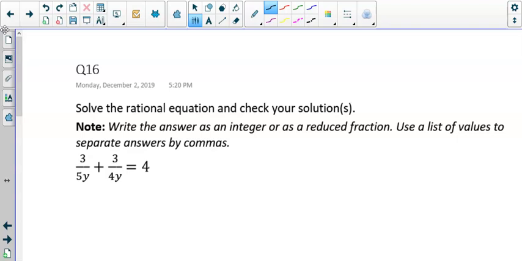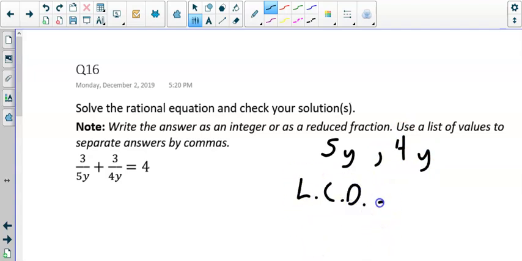In order to solve for y, and I don't know why they keep throwing y at us, we're going to clear the fraction out because we hate fractions. So, who are our denominators again on this? 5y and 4y. So what is the LCD going to be between 5y and 4y? 20y.